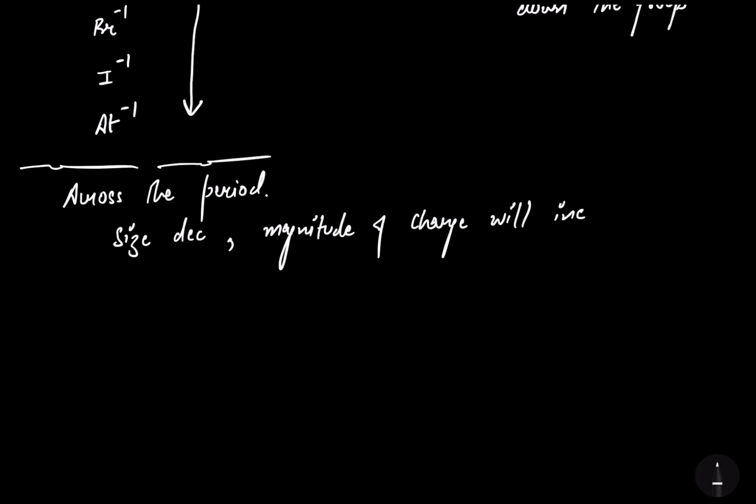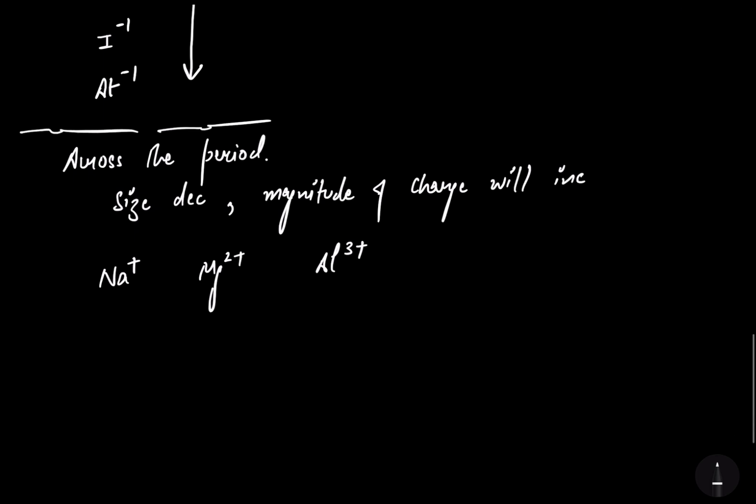Let me take an example: Na+, then Mg2+, then Al3+. As we are moving across a period from left to right, the charge is increasing. Charge density is charge divided by radius.